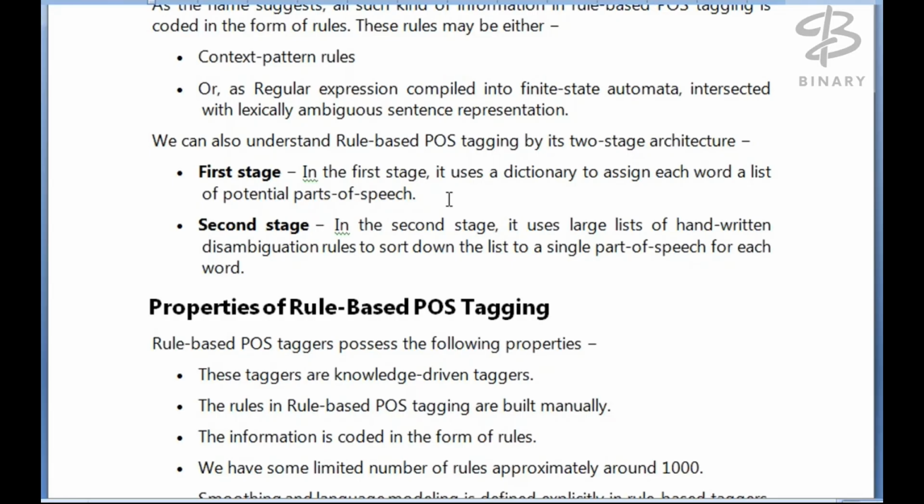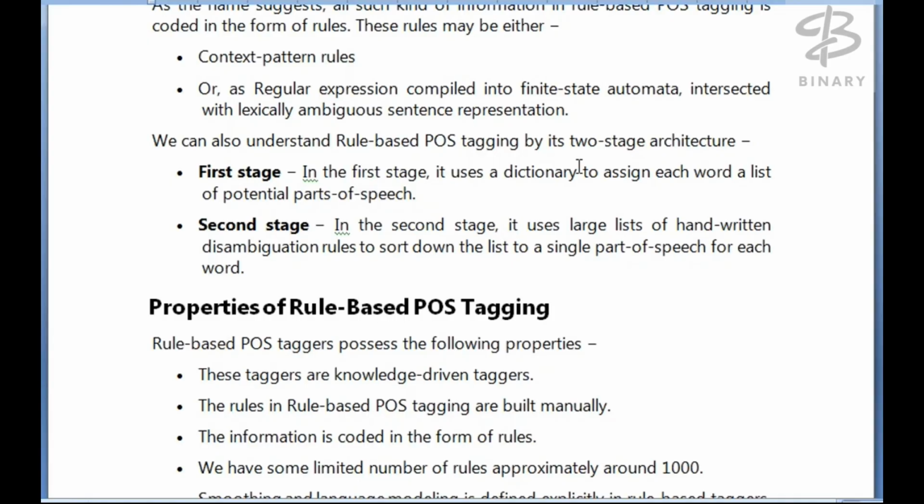So for that they are preparing a list. And in the second stage, it uses a large list of handwritten disambiguation rules to sort down that list into a single POS for each word.